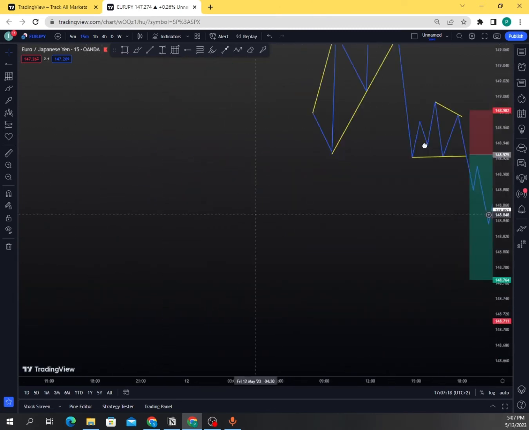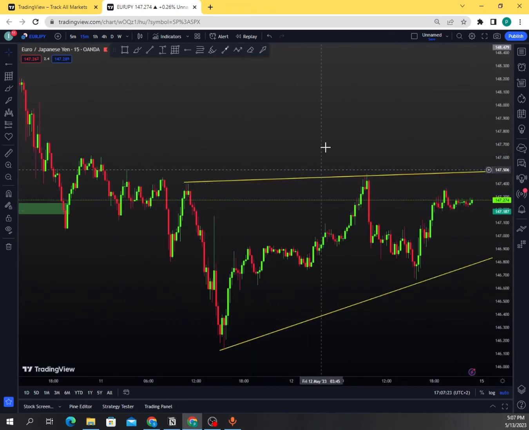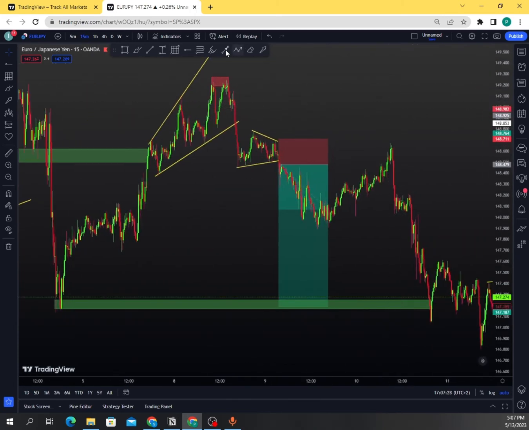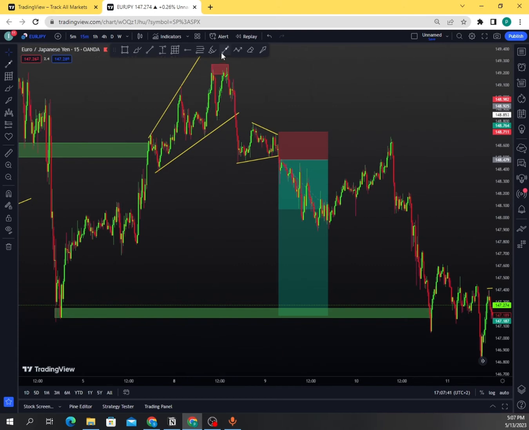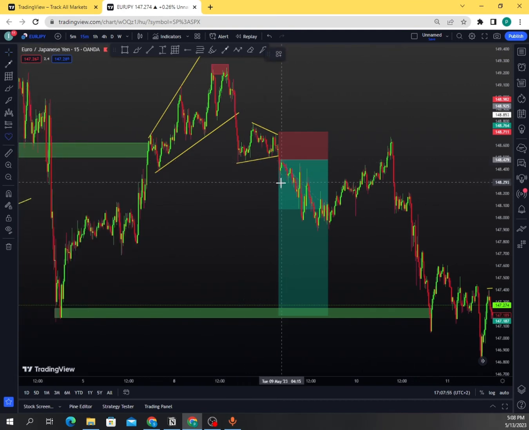So I hope you understand what I was showing you guys here. Going back to the charts, what we saw here is that price impulsed away after our entry, and then we wait for the price to create a new lower low and a new lower high. Let me use this symbol here.